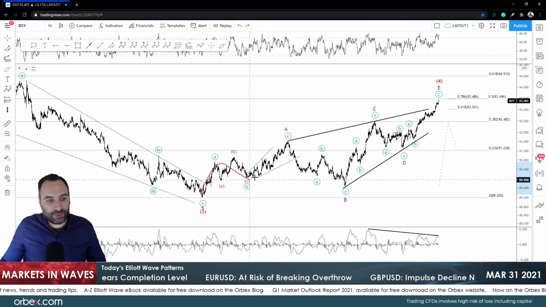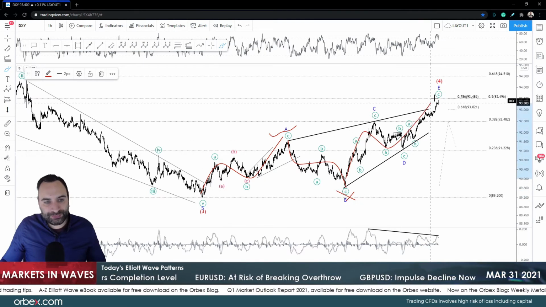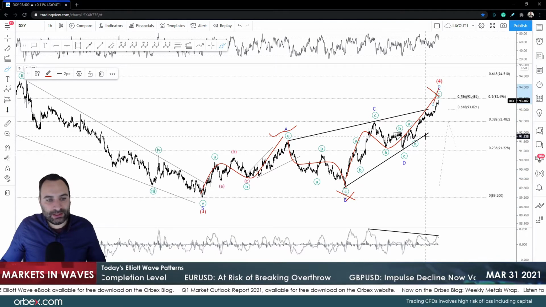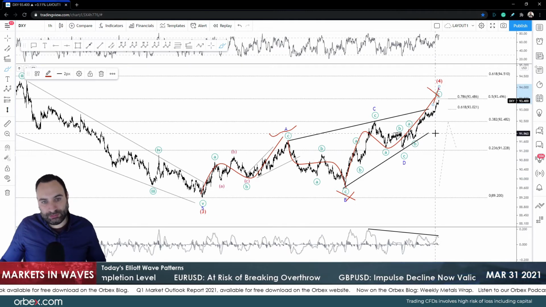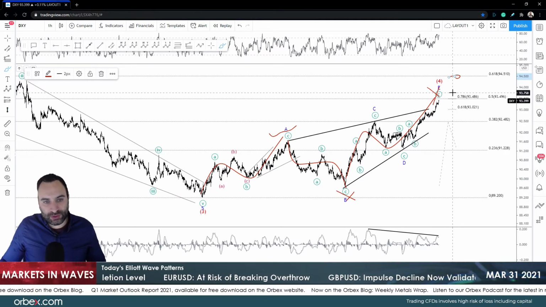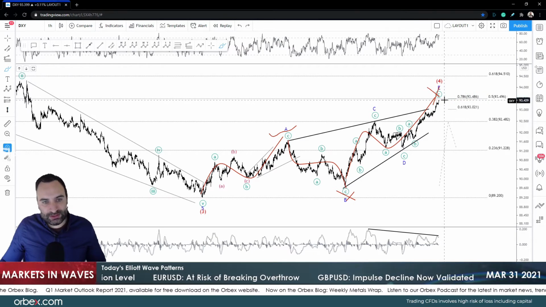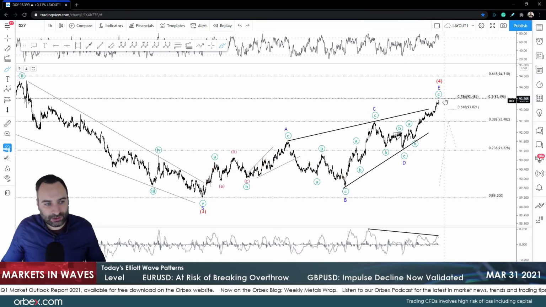So I would probably return back to this being a W, X, Y, something like a double zigzag here, and that potentially could get us up to 94.51. So this cluster, 93.40, will be the level that I'll be watching very closely.